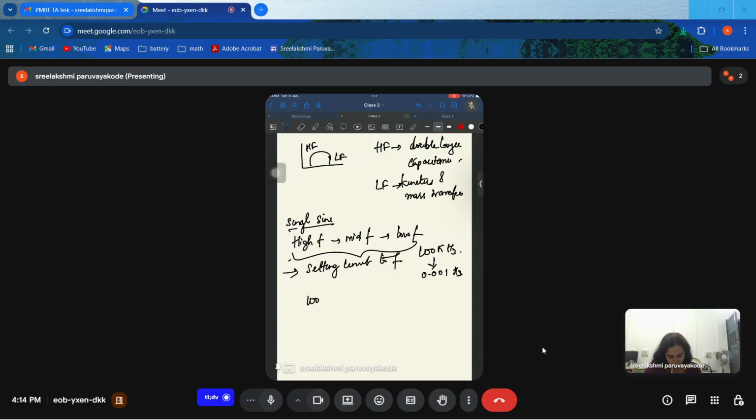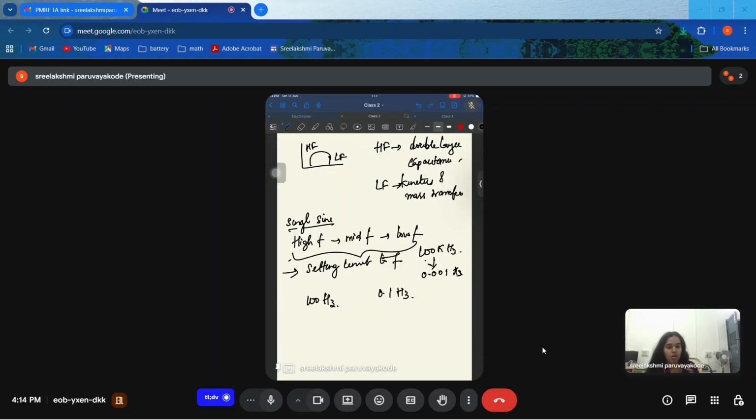I'm just giving an example. I can go from 100 hertz to 0.1 hertz if I'm going to take the experiment. Say the range is 100 kilohertz to 0.001 hertz.